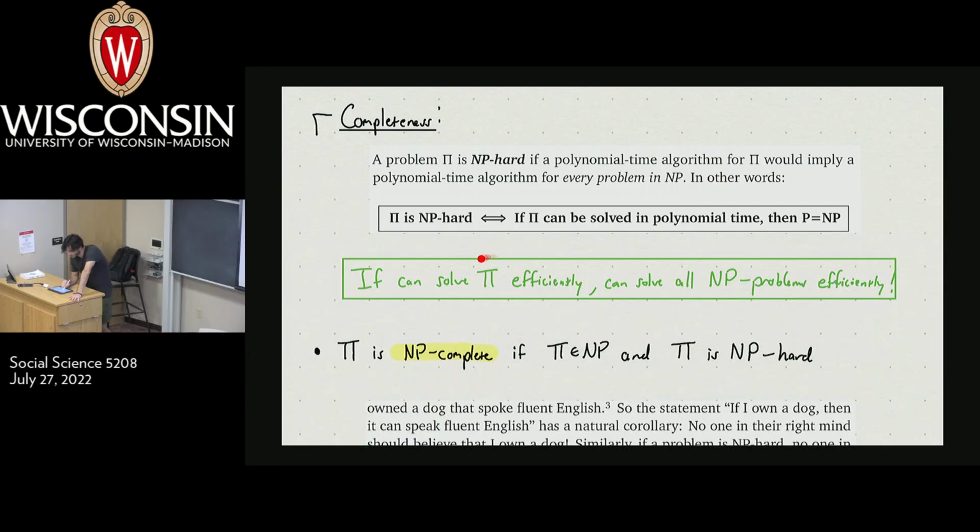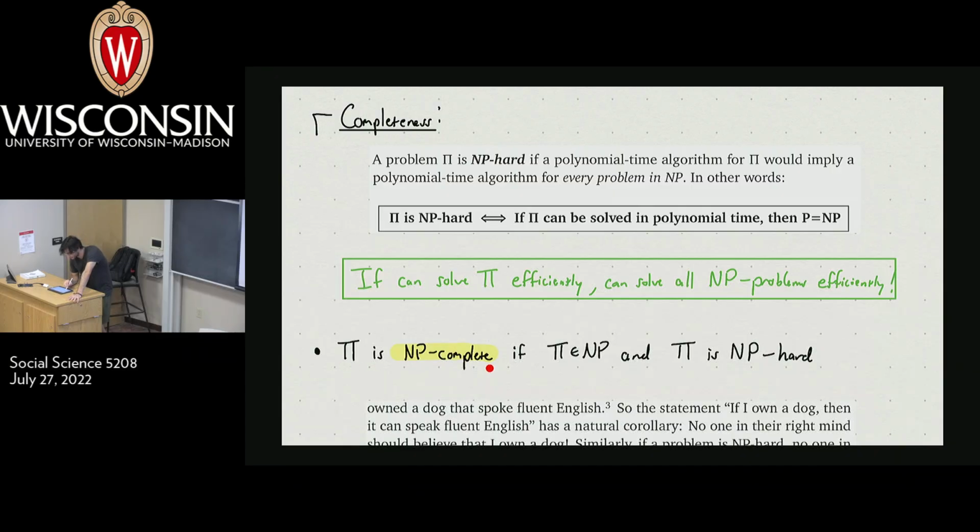If you can solve this one problem efficiently, then there's a way to solve every single problem in this class efficiently. So it's a super strong condition, and it's going to get even stronger in a second. What this really means is actually crazy, but just definitions right now.